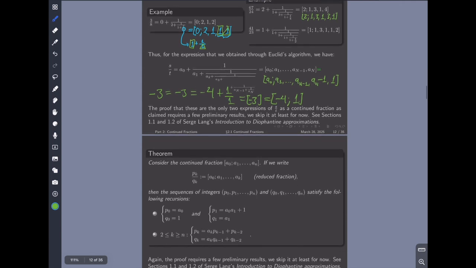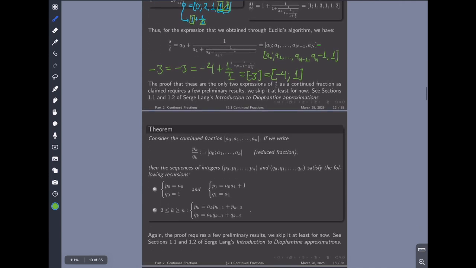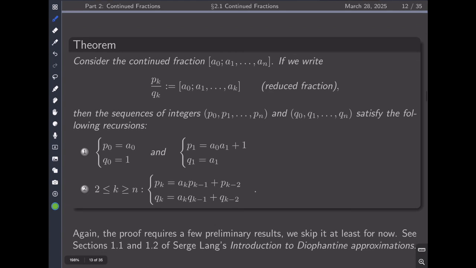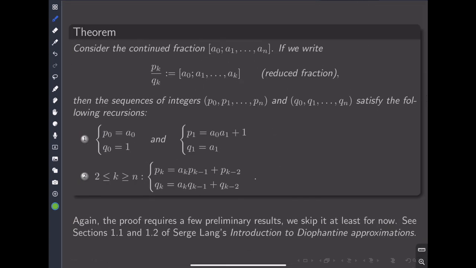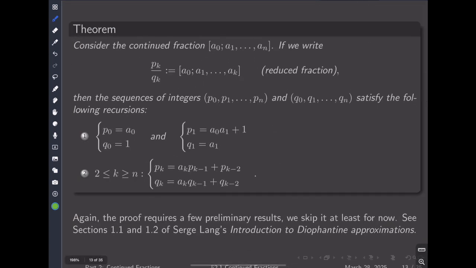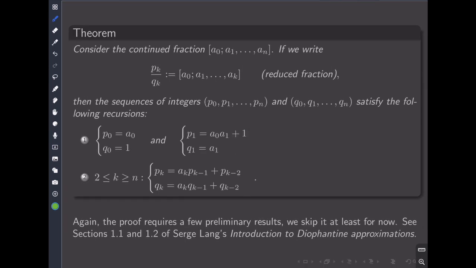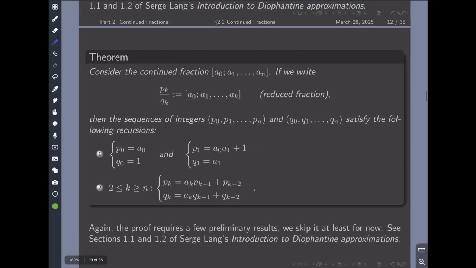Okay. And now another theorem, which is one of the foundational theorems that I'm also not going to prove here. Consider your finite continued fraction, where, remember, the 0th one can be negative, I don't care, or 0, but the remaining ones I always take to be positive.